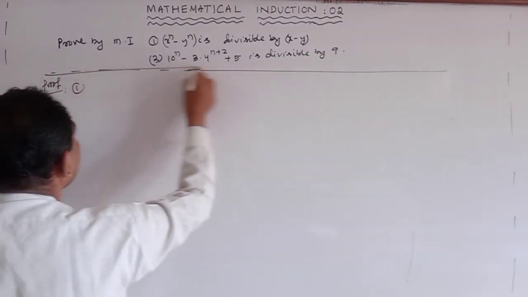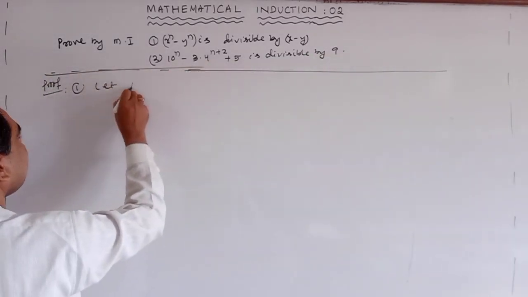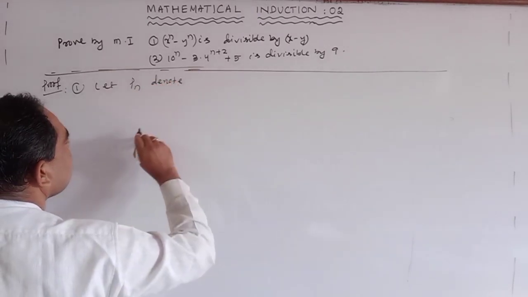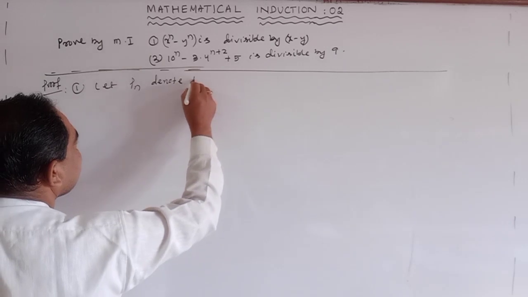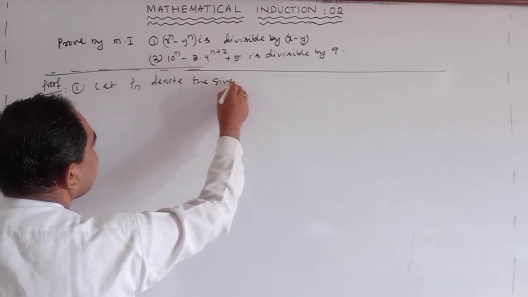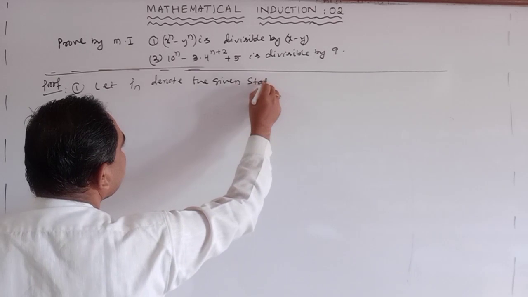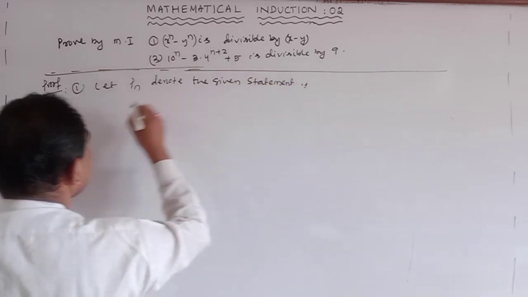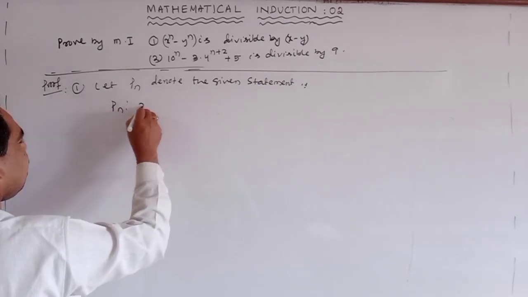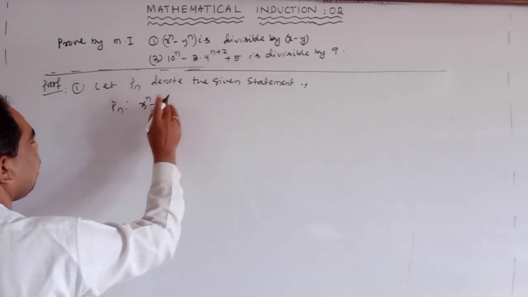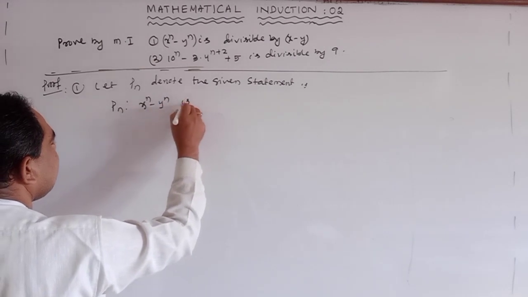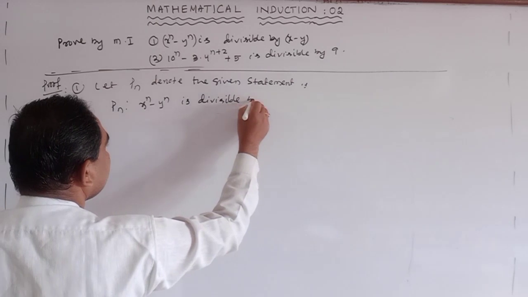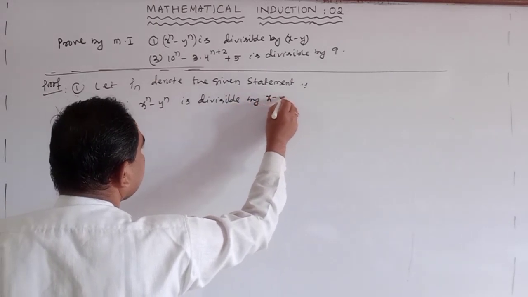So question number 1, let Pn denote the given statement, that is Pn such that x to the power n minus y to the power n is divisible by x minus y.